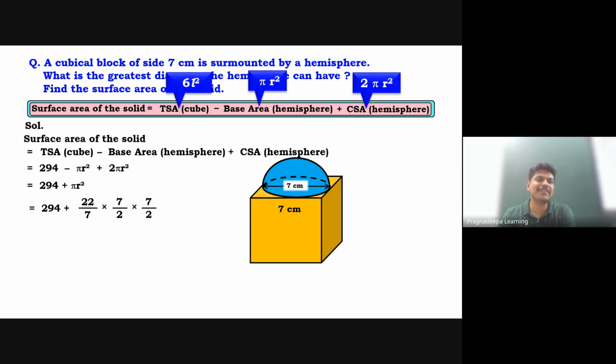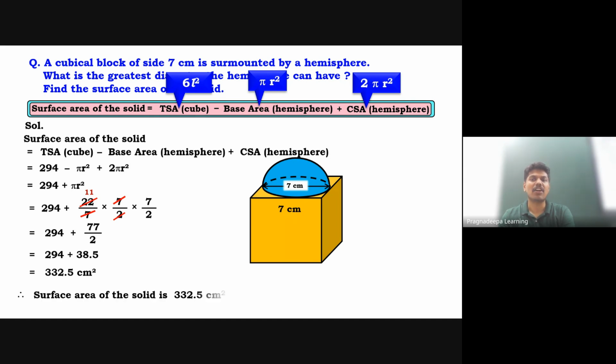So now you can simplify easily. 7 gets cancelled 2 times and 2 11 times. So 77 by 2. 77 by 2 is easy to do, which is 38.5. So add 38.5 to 294 to get the answer 332.5 centimeters square. Hence, the total surface area of the given solid is 332.5 centimeter squared.